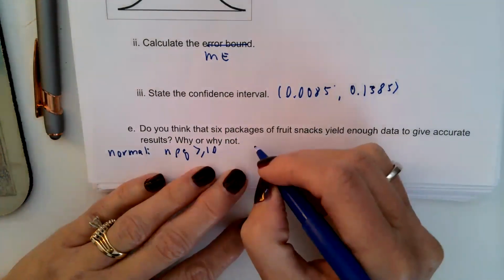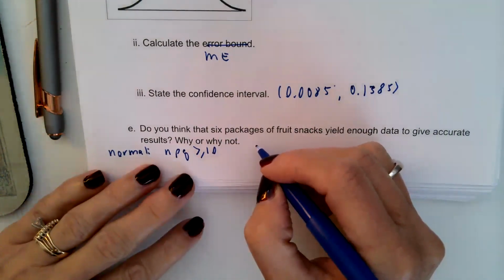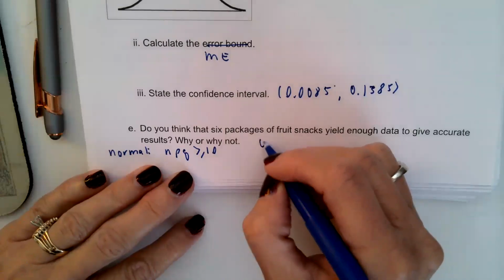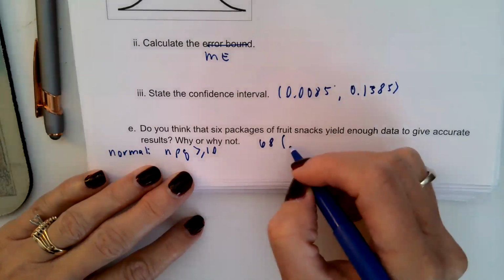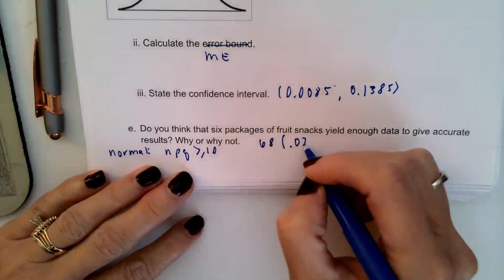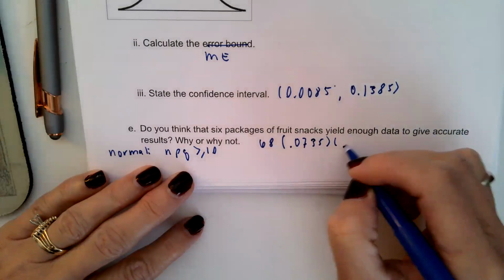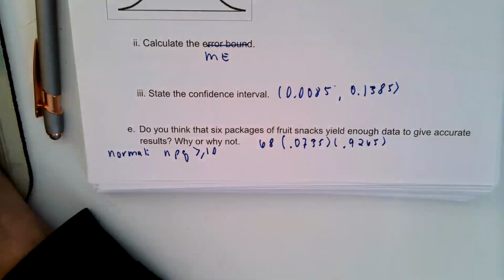And in this case, N was 68 pieces. And P hat is 0.0735, and 1 minus P hat is 0.9265.